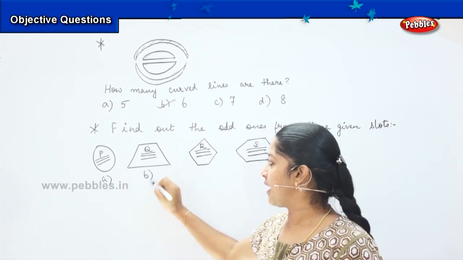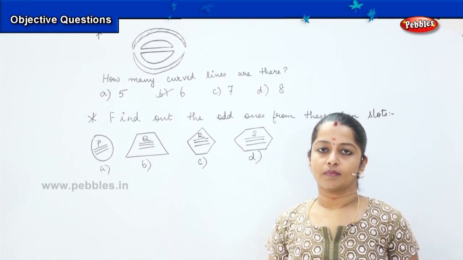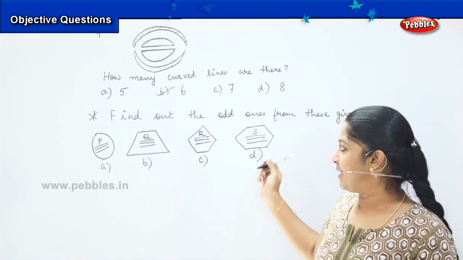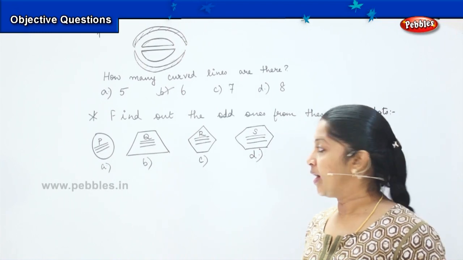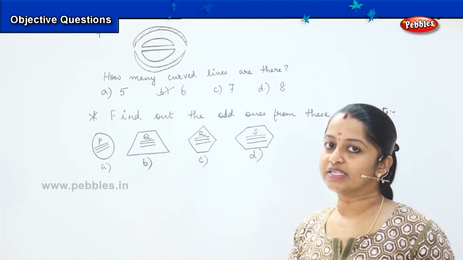Is it option A, B, C or D? Now your tricky question is, if you tell me the answer, you also need to tell me the reason why you have chosen that particular option as the odd one out. So you need to give the reason as well.